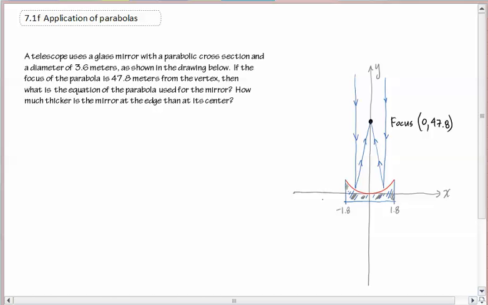So here's my x, y coordinate plane. The blue arrows are showing what happens when light comes in. It gets focused, it gets directed to the focus.